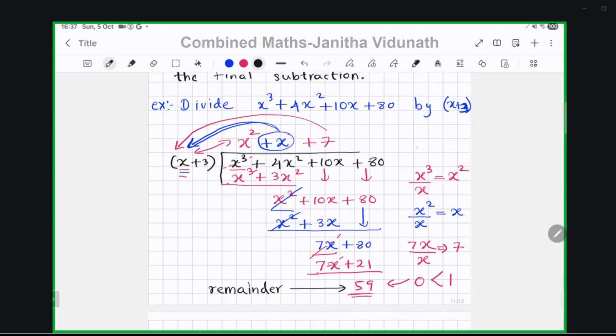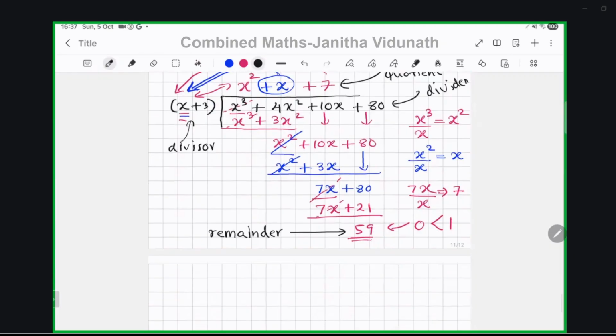And this is our dividend, and the whole term is the quotient, and this is our divisor. Then our quotient is x square plus x plus 7. Our remainder is 59. Those are the answers for the question.